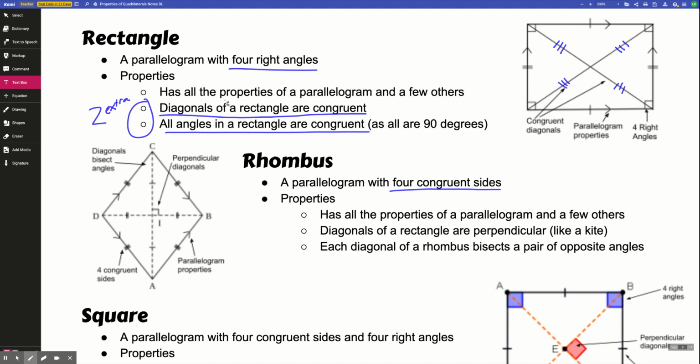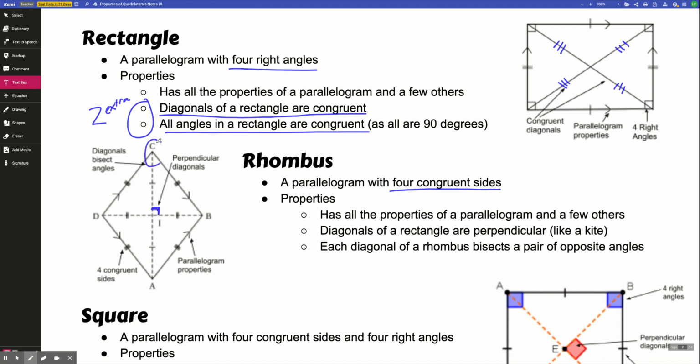Obviously the diagonals are not congruent like the rectangle, right? Usually you'll have a longer diagonal and a shorter diagonal, okay? But they are perpendicular, so it forms 90-degree angles here where the diagonals meet, okay? And then in a rhombus, the diagonals bisect the angles, okay?